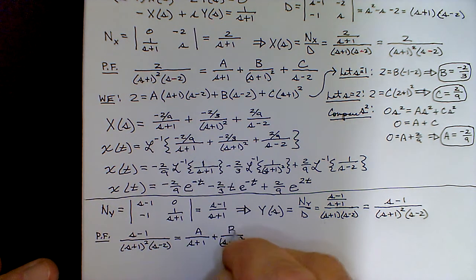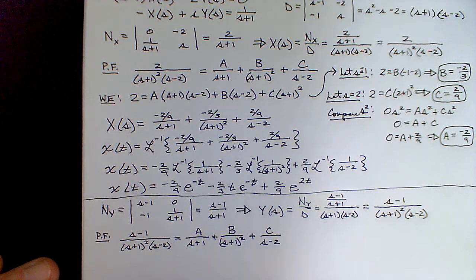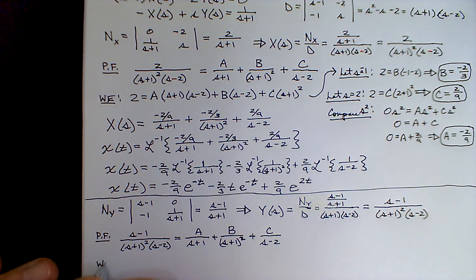What goes above them are just constants, so A and B respectively. And then for the s minus 2, it's linear, so just a constant term called C.